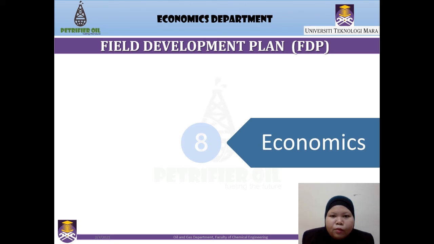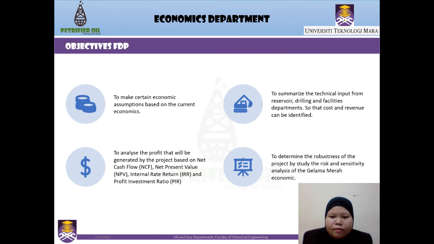So to begin with the presentation, we'll first see the objective of this economics department. The objective could be divided into four main objectives. The first is to make certain economic assumptions based on the current economics.